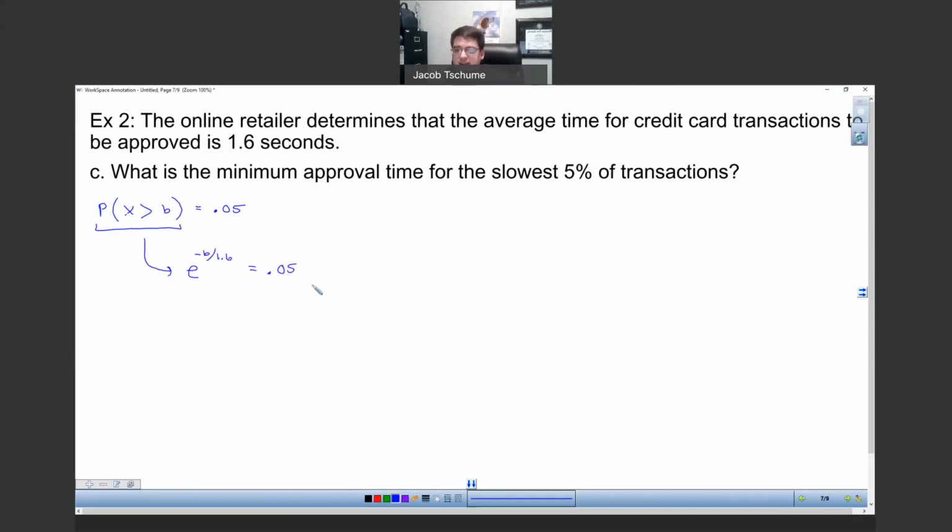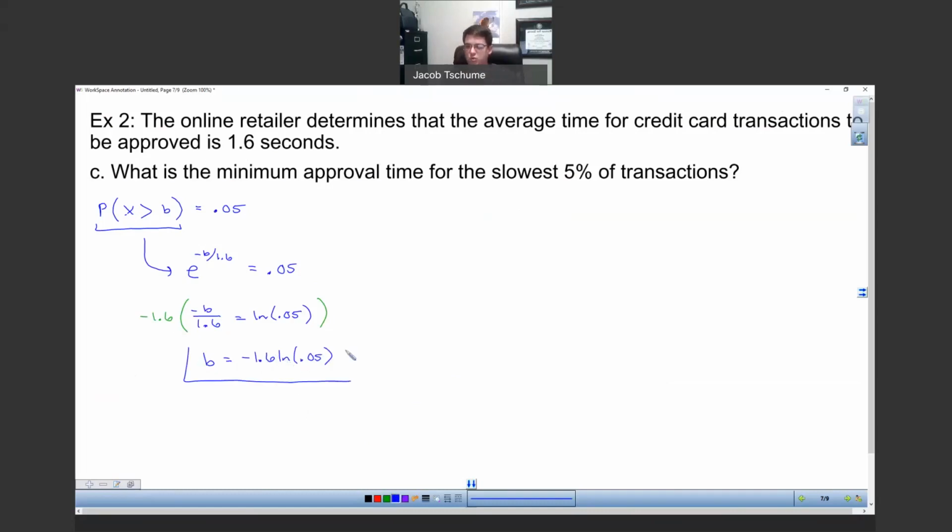All right, so take the natural log of both sides and you get negative B over 1.6 equals the natural log of 0.05. I'm going to multiply both sides by negative 1.6. That's going to end up saying that B is equal to negative 1.6 times the natural log of 0.05.